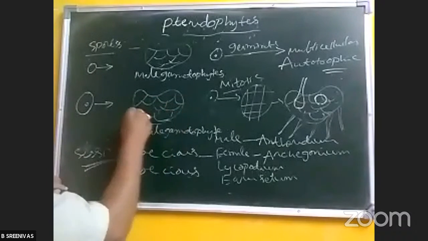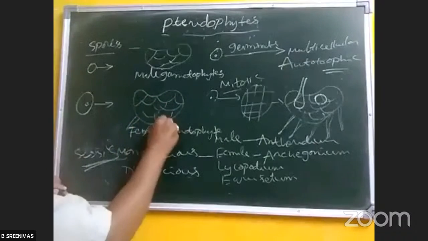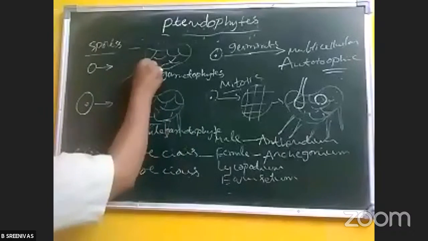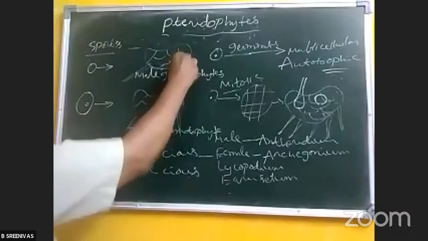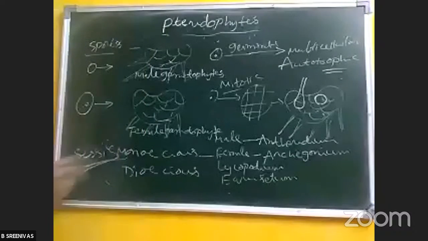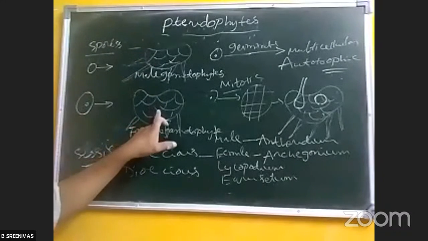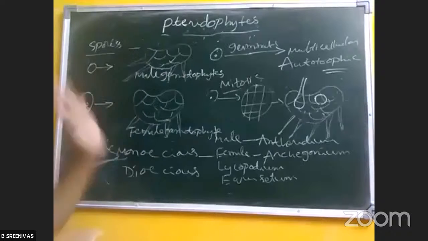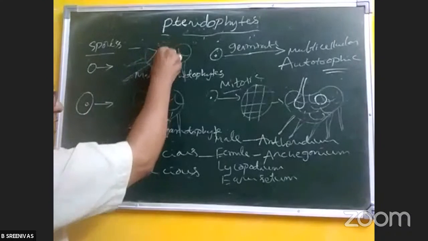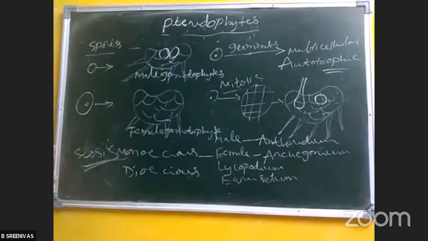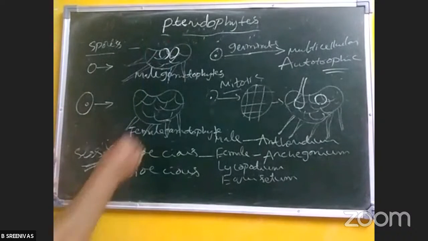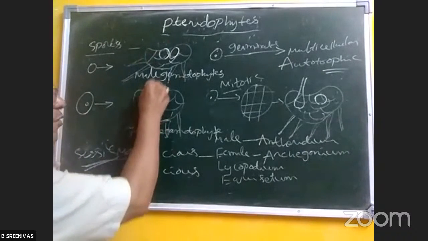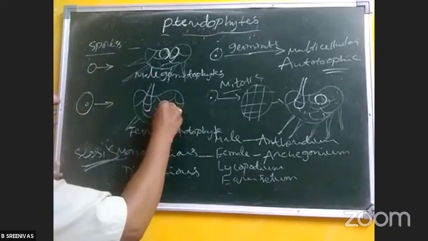On what basis can we say which is which? Rhizoids are present here, and rhizoids are present here too. The male gametophyte consists only of antheridia, but the female gametophyte consists only of archegonia.